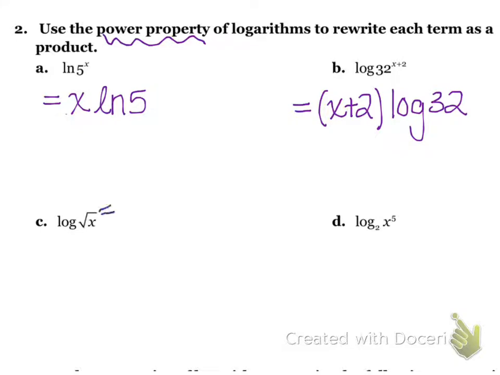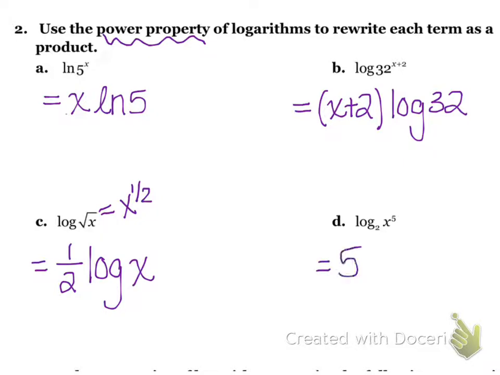Again, over here, this is saying x to the 1/2, so that 1/2 comes down. Even though there's a square root, there is an exponent there. And then this last one is going to be 5 times log base 2 of x.